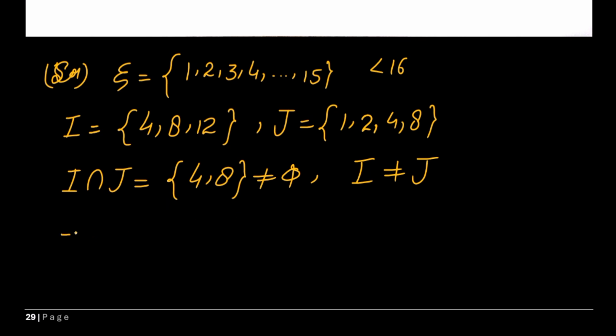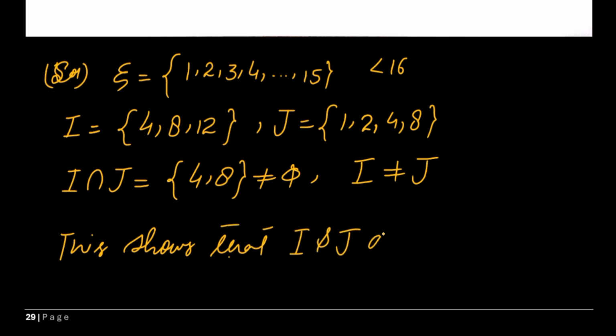This shows that I and j are overlapping sets. Two sets are called overlapping if they are not equal and if their intersection is non-empty.